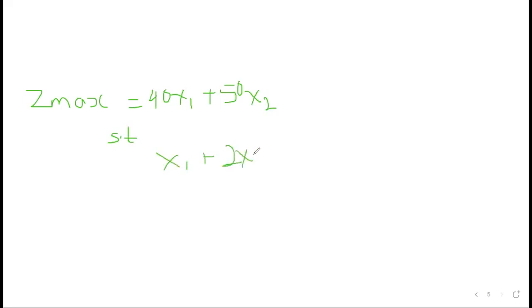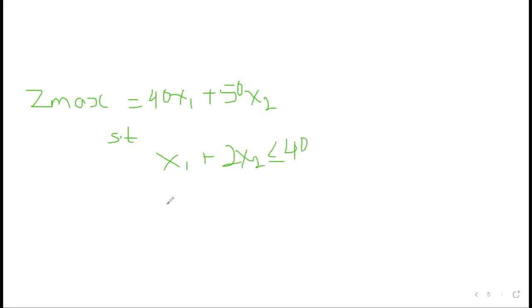So we have Z max equal to 40x1 plus 50x2, subject to x1 plus 2x2 less or equal to 40.